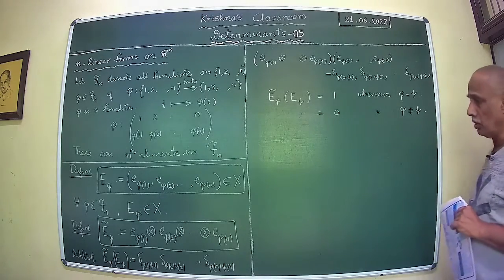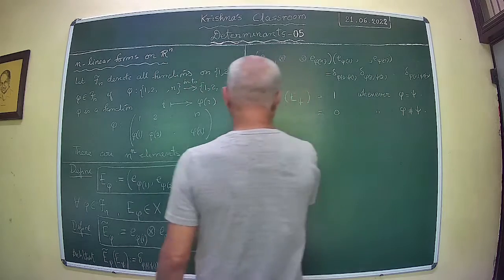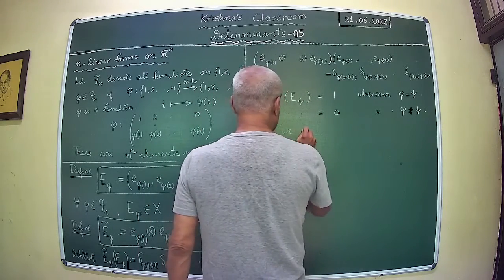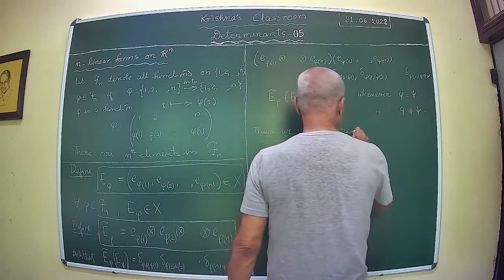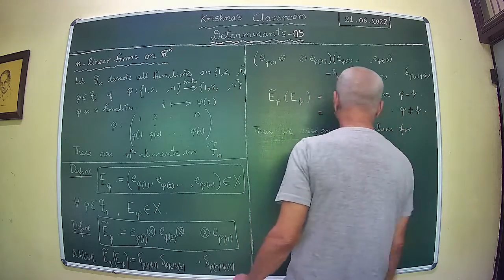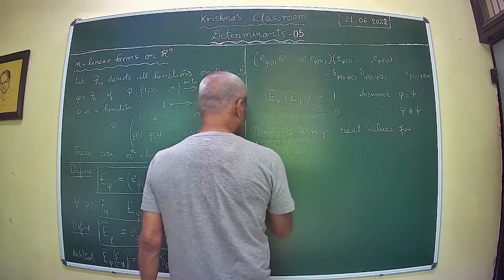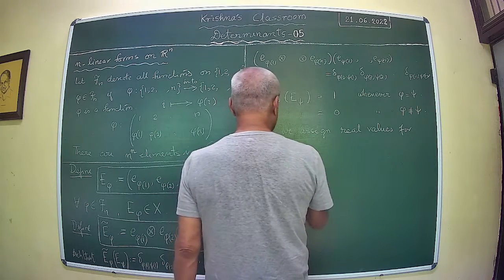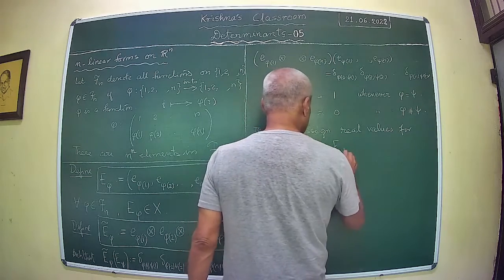So, in short, E phi tilde is now defined, thus we assign a real number for E phi tilde at every E psi belonging to the set.